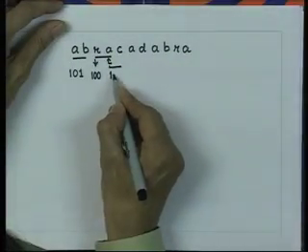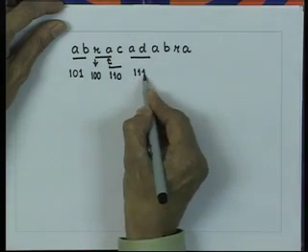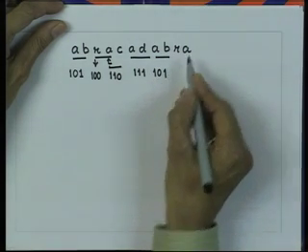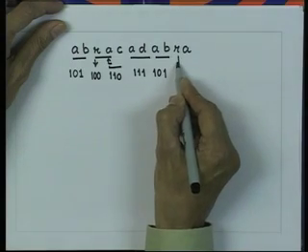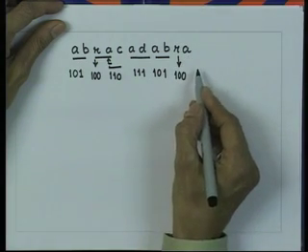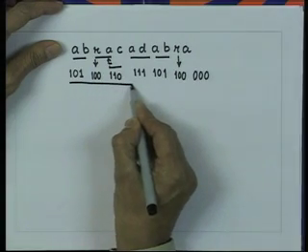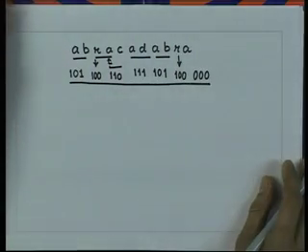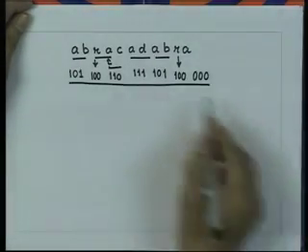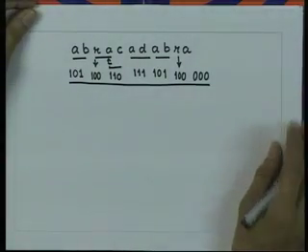So we code this as 110. The next diagram is AD, for which the code exists as 111. For AB, again it exists as 101. For RA it does not exist, so we code R as 100. Now only A is left out, so we code it as 000. So this would be the sequence of code words being generated based on the concepts discussed.